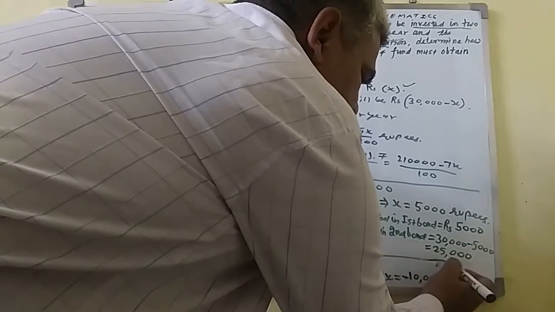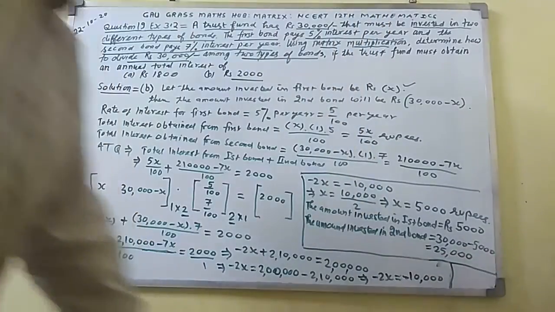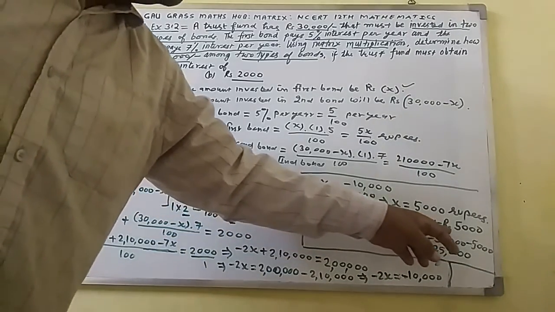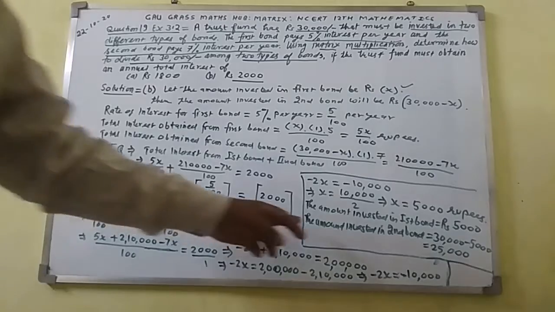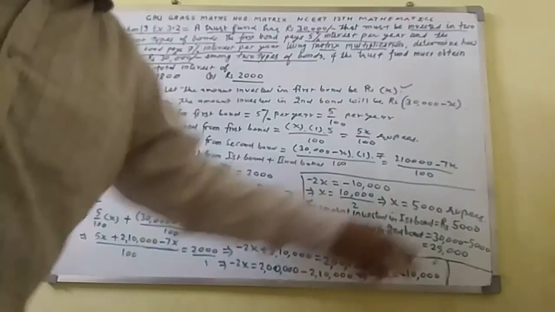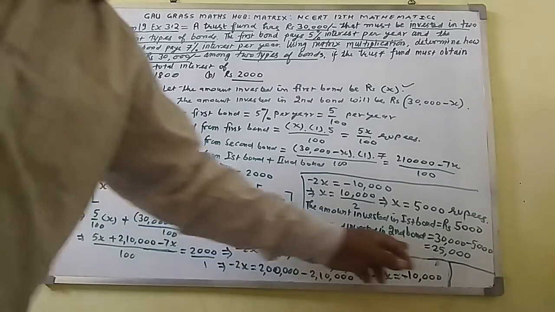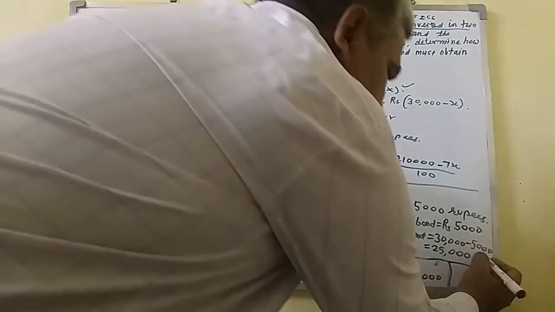25,000 you have got. So here the answer will be: the amount invested in the first bond equal to rupees 5,000 and the amount invested in the second bond will be 30,000 minus 5,000 equal to 25,000 rupees.